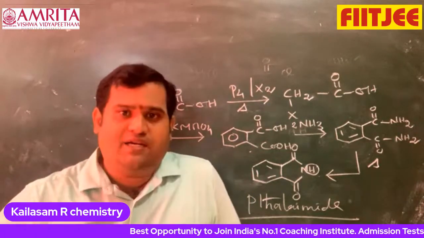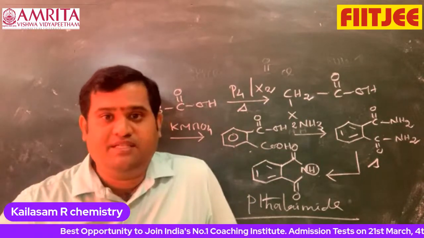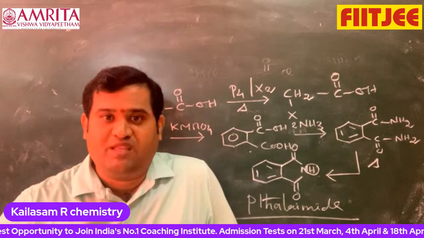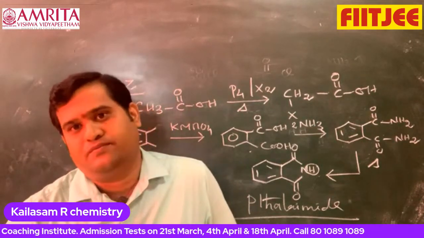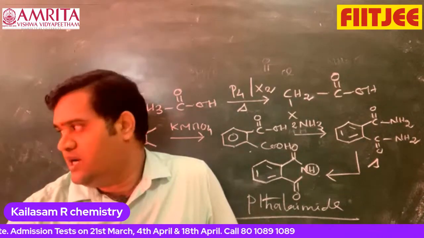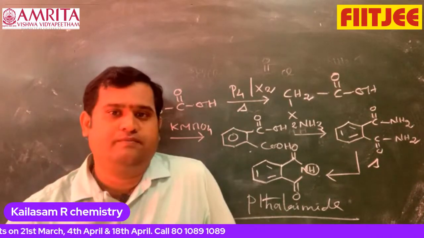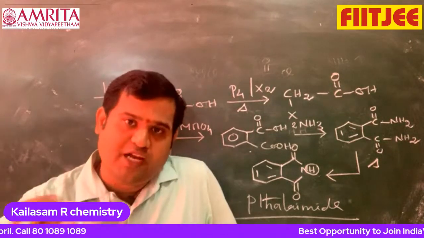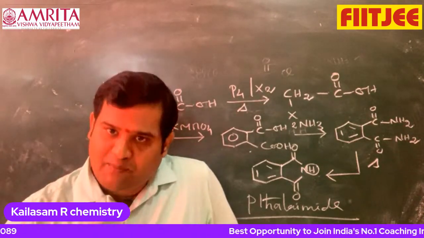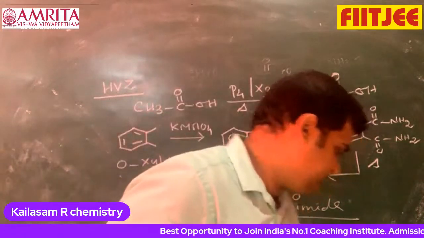And very important, please keep it in your mind: in benzoic acid, the COOH group is the minus R group. So if you introduce the electrophile, it goes only to the meta position. Look at that.